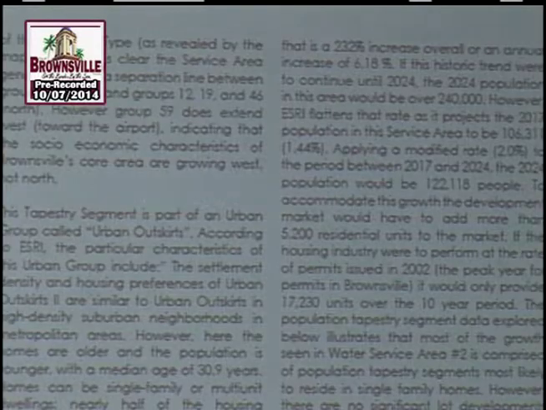So we know a lot about the people within certain sub-areas of the city, which is important to understand how the population is going to grow, because as we project population, we want to understand what's going to be the pattern of growth of the city.